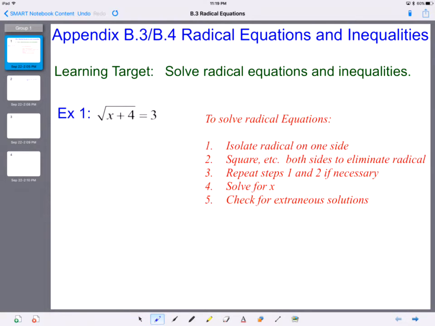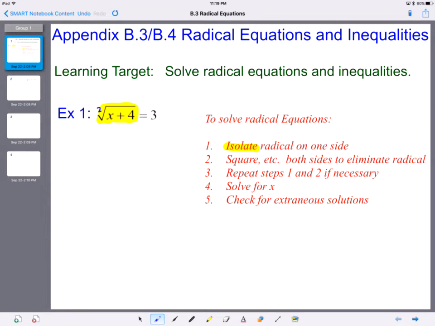The first step is we always need to make sure that we isolate the radical on one side. So here's your radical. It doesn't matter what's inside of it, but is that by itself, or is there anything with it on the left hand side? In this case, this one is isolated. So step one is done. Step 2 is to square both sides to eliminate the radical. Well, it's not just a square, it depends on what the index is.